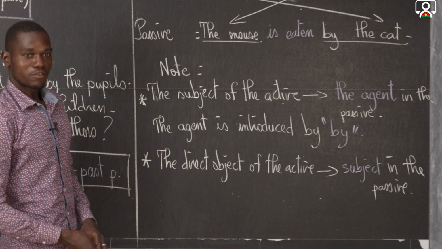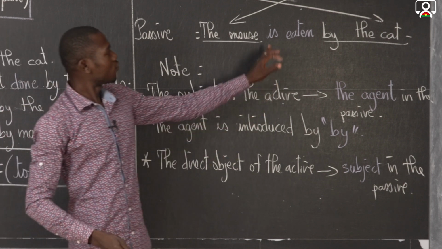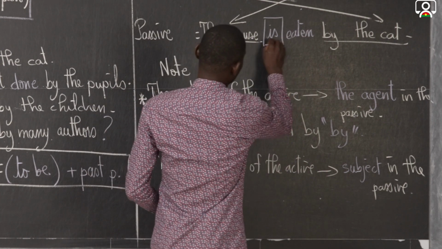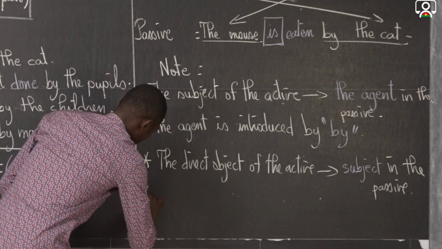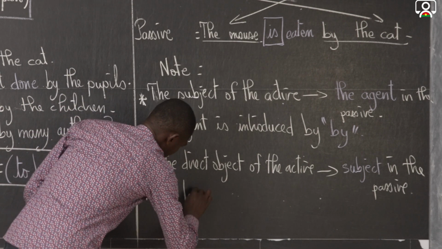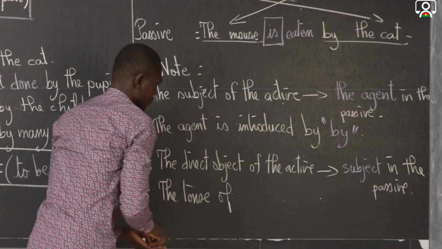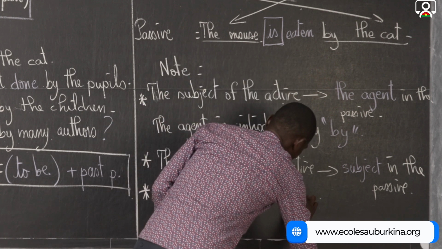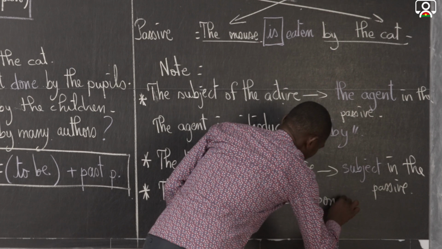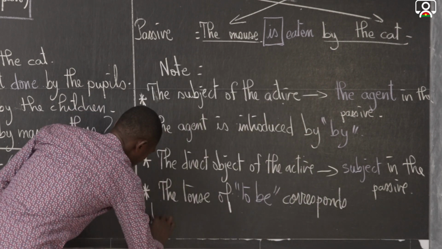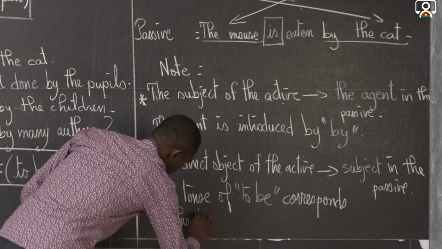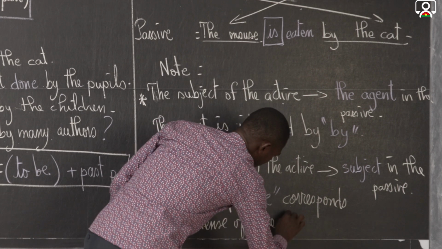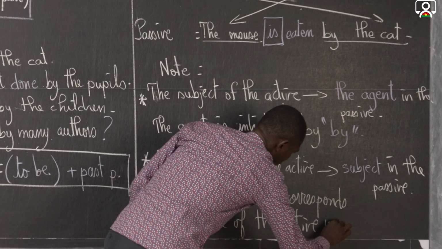And another remark we shall do is that the tense of to be is the tense of the verb of the active. The tense of to be corresponds to the tense of the active verb.